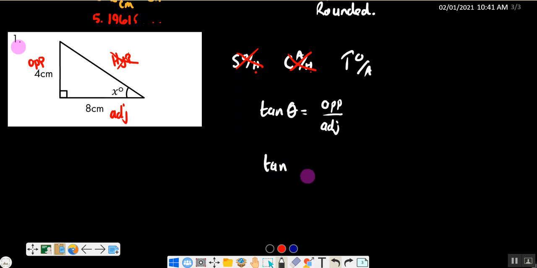X, good, is equal to, brilliant, super easy. Once you've labelled everything, you can check your work, you can see that you're doing the right thing, no problem.